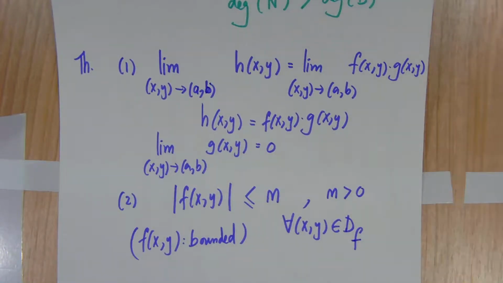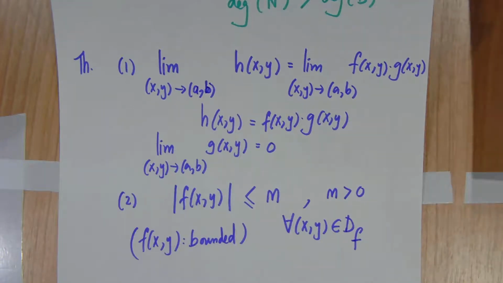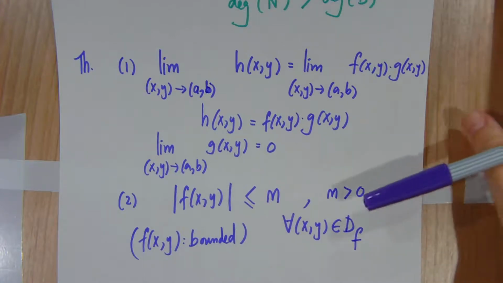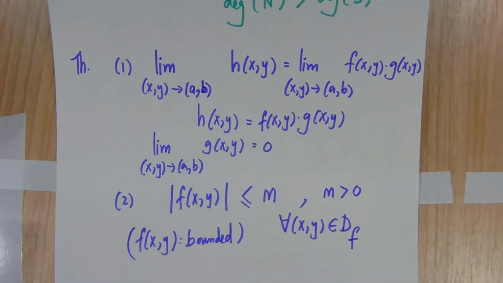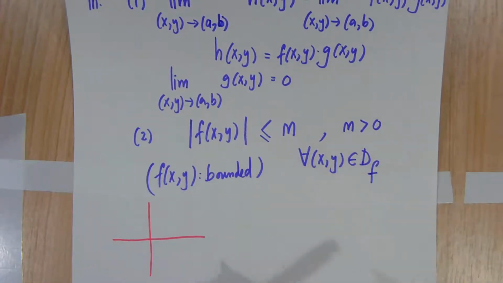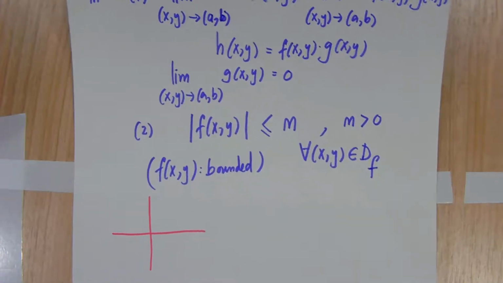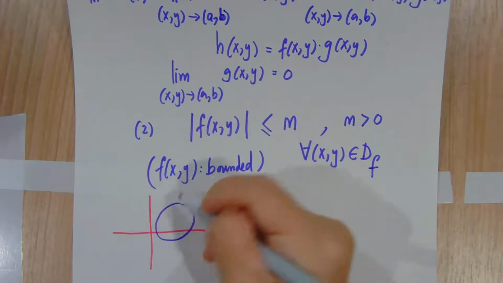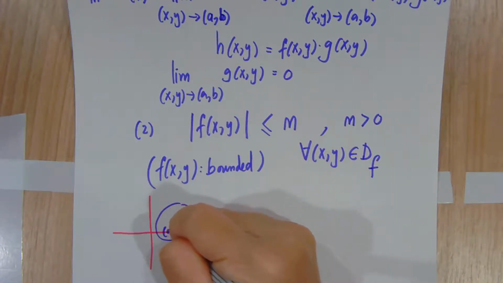From the definitions, we also have a delta. So from the theorem, for every point (x, y) in the domain of the function f, when we find the limit at a point, for example, suppose we write any point and this is the point (a, b).